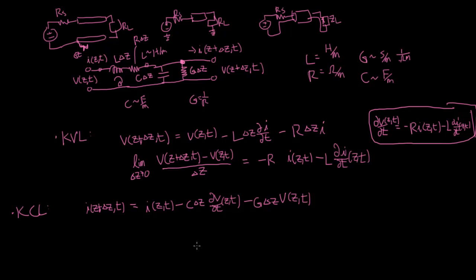Now we can do the same trick, where we move I of z, t over to the other side and wrestle our way to get a derivative. So let's move the I of z over.